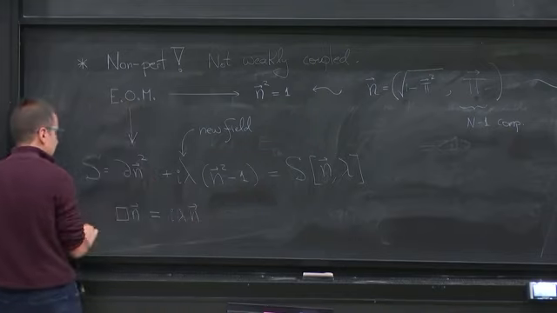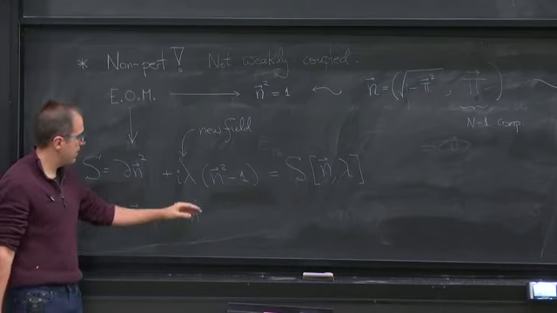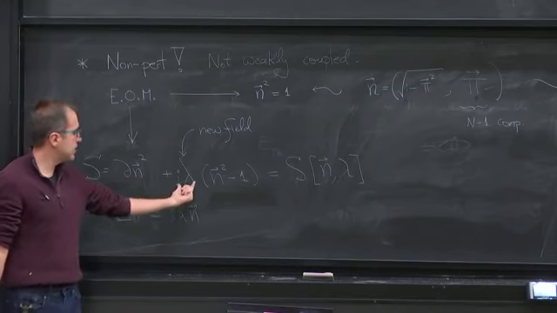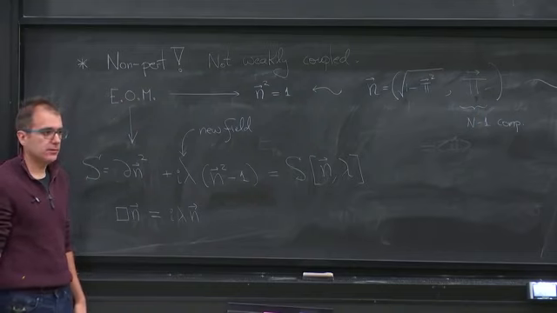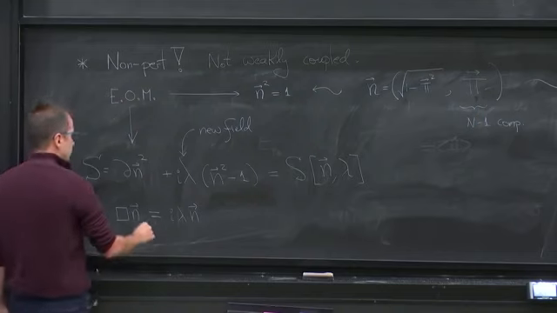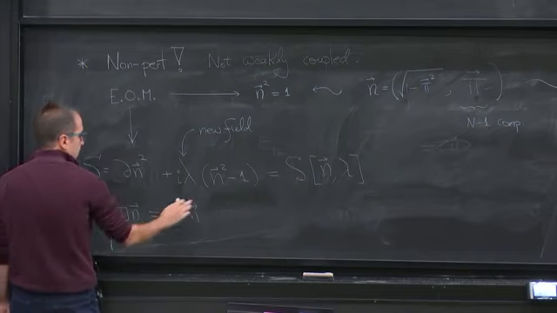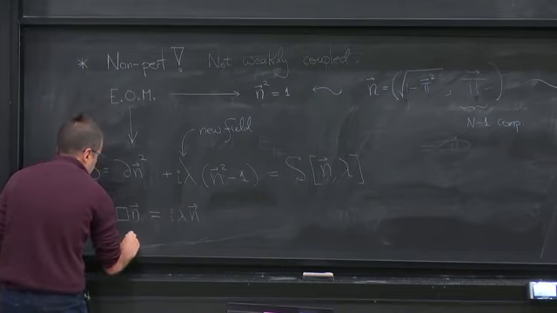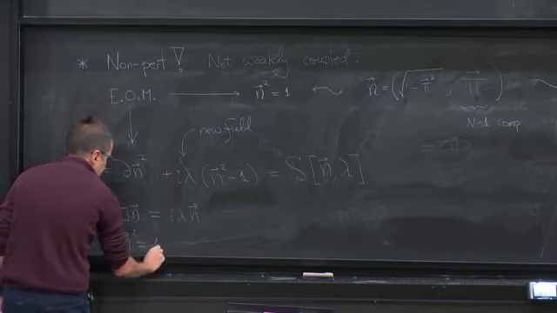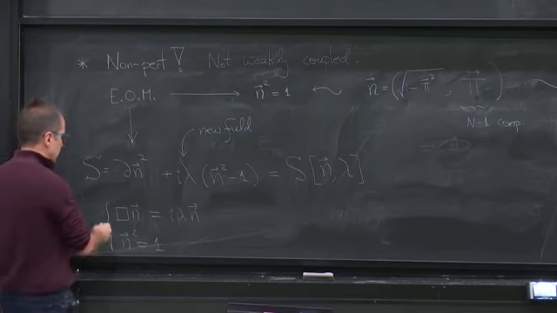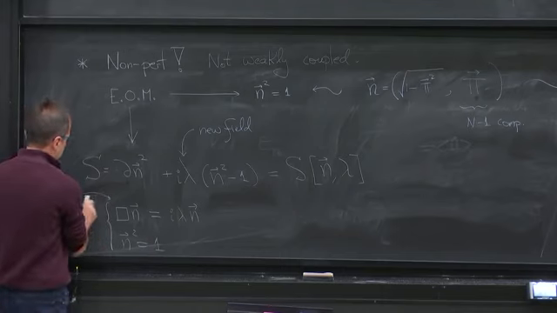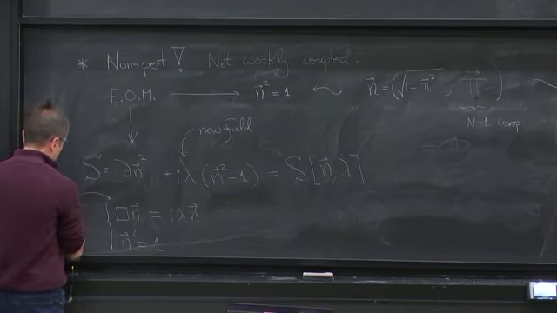So that's the variation with respect to n. Just like if this was m squared, here you would get m squared n. Variation with respect to lambda gives me n squared equal to 1. So these would be the two equations of motion. This one is variation with respect to n. The second one is variation with respect to lambda.